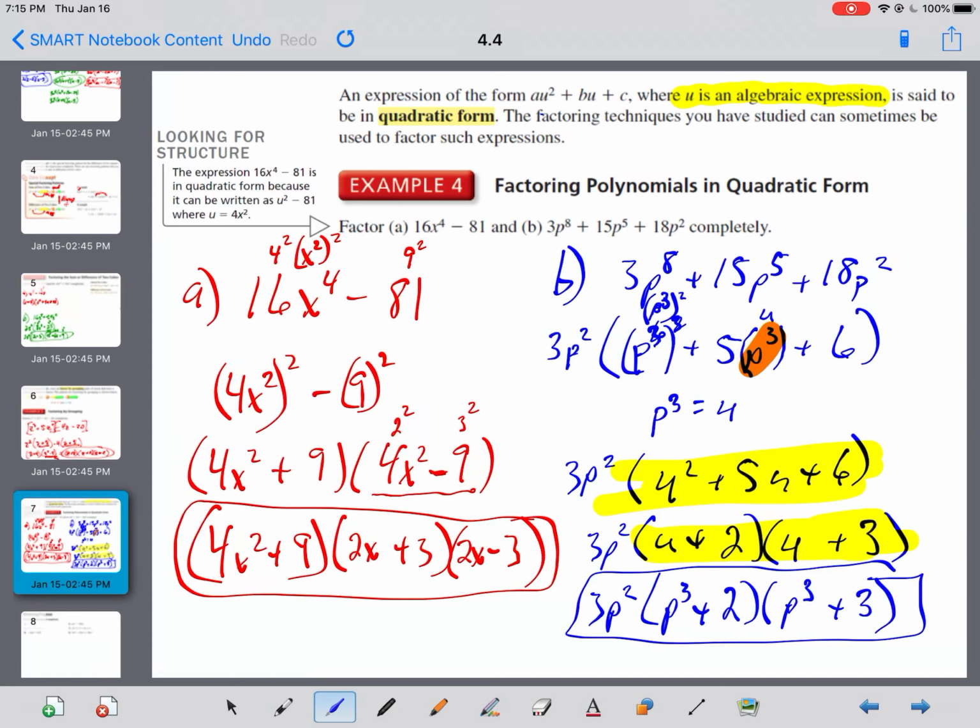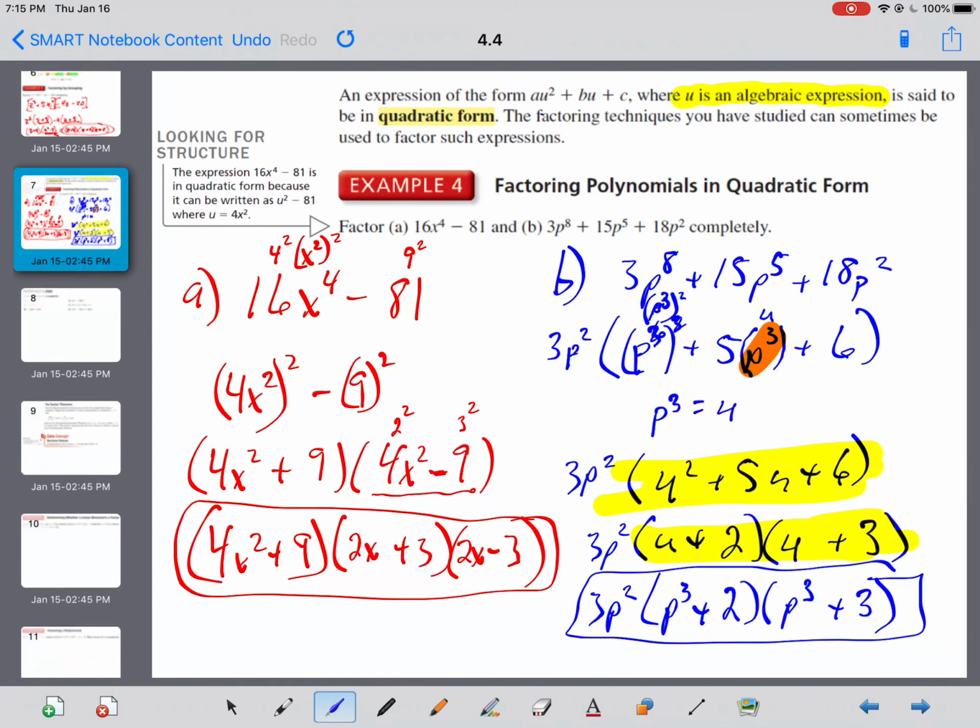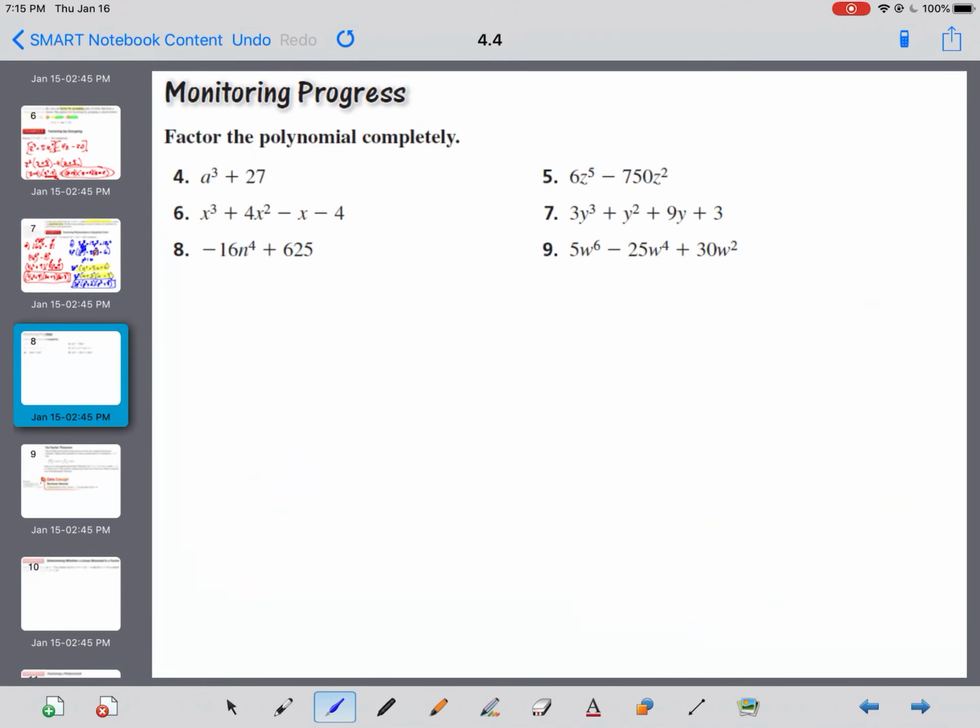If you want to use the u's and substitute and then substitute back, that's great. If you want to just use the parentheses and write it as is and just treat it like it is in quadratic form, it's not really a quadratic. It just has the form. That's why it's like that. Either way is fine with me, but you need to recognize that the thing that's not really squared could be treated like it was squared. Okay?